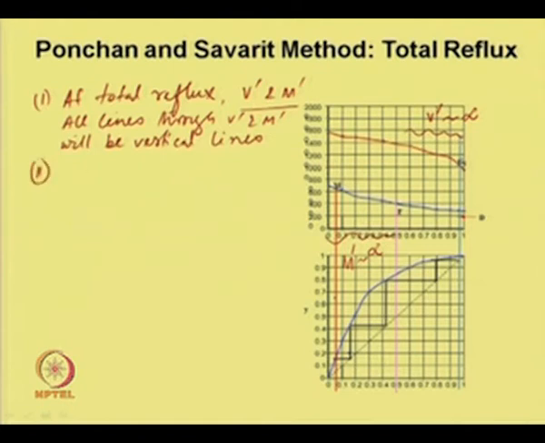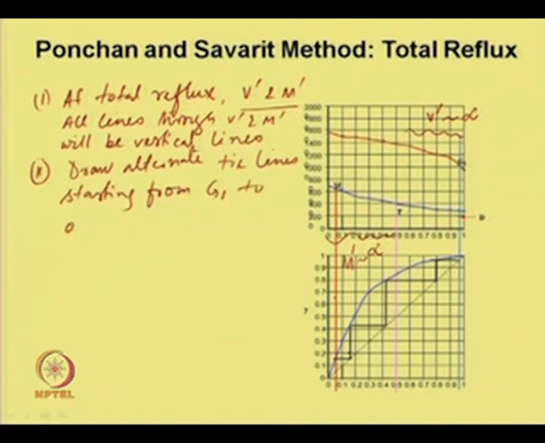So, draw alternate tie lines starting from G1 to obtain the number of plates required at total reflux.